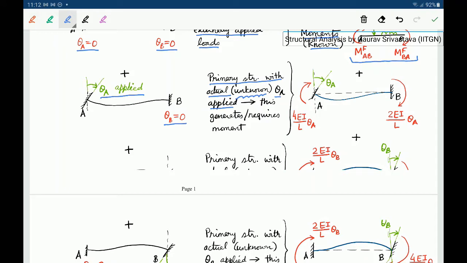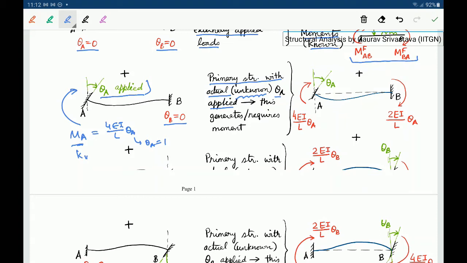To apply this theta A, we need to apply a moment at A. We have derived earlier that there is a relation between MA and theta A, and this MA comes out to 4EI by L times theta A. This is what we saw when deriving the stiffness coefficient, where if you put theta A equal to 1, this moment becomes the stiffness coefficient.